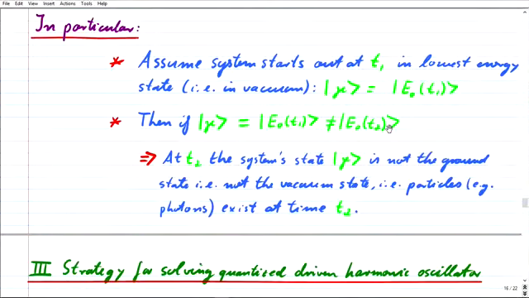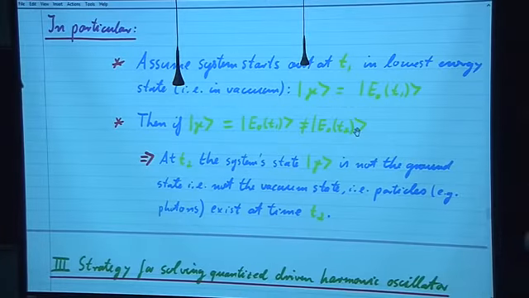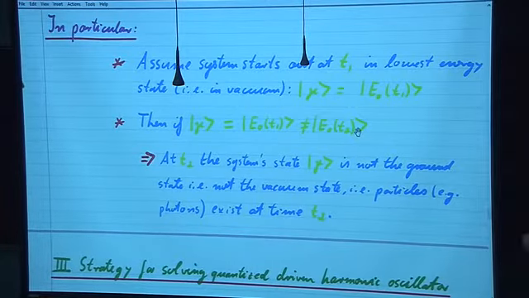So in particular, and that's the case that we'd be most interested in, namely creation of particles out of the vacuum. Assume that a system starts out at time t1 in the lowest energy state, in the vacuum state. It's the E0 eigenvector at time t1.